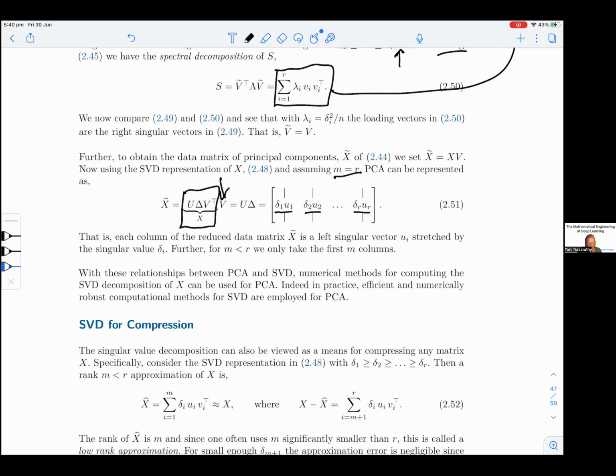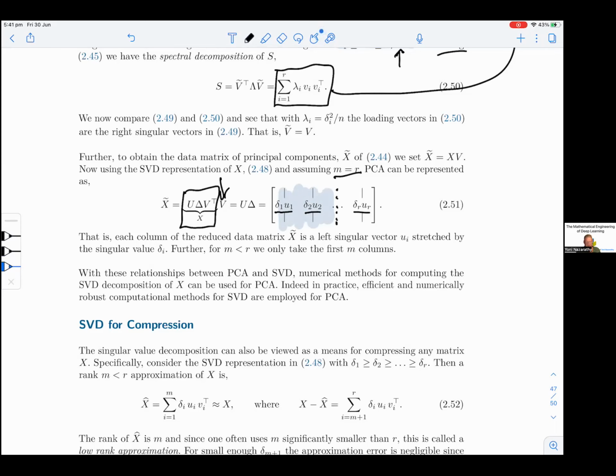That is, each column of the reduced data matrix X tilde is a left singular vector u_i stretched by the singular value delta i. Further, if m was less than r, we would have taken only the first m columns, and we would have stopped at some point.